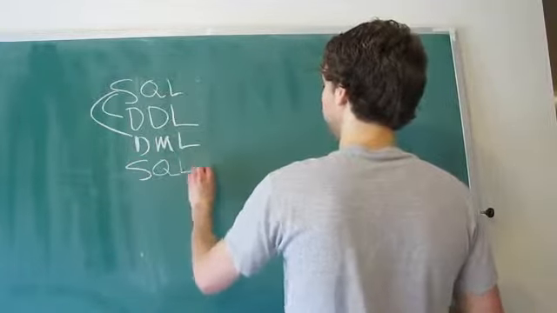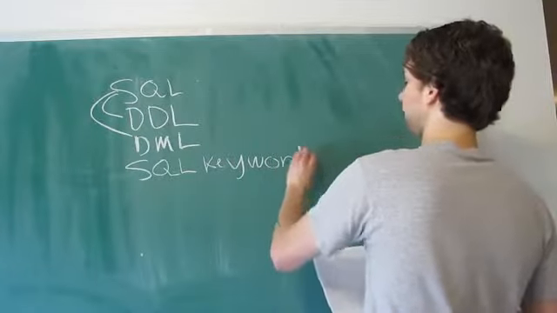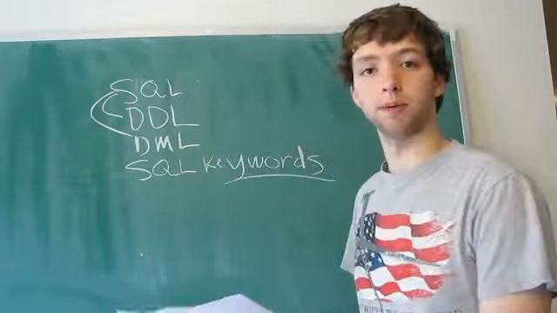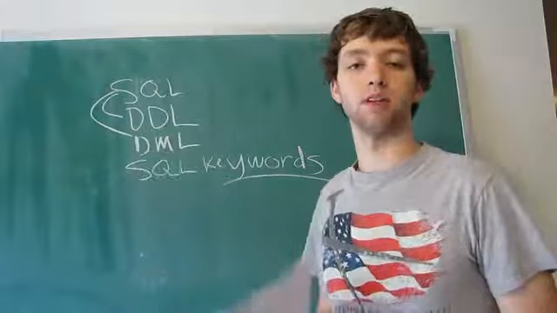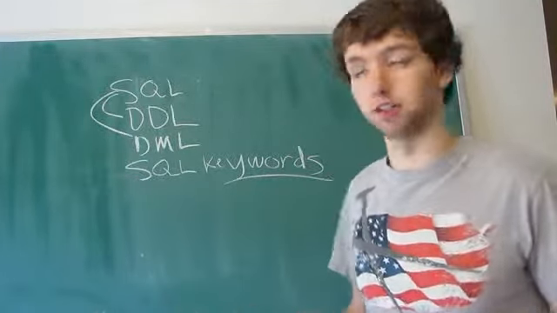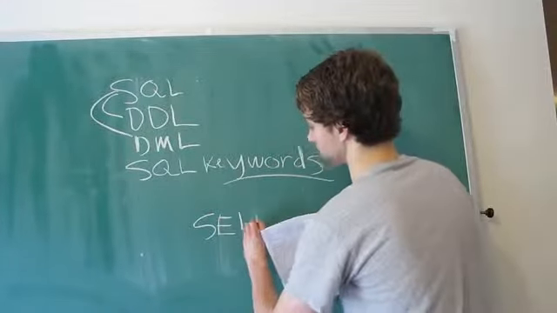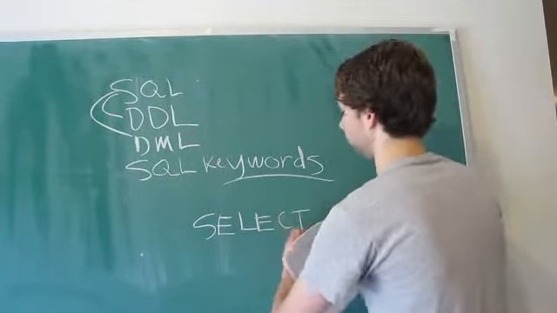The other thing was SQL keywords. I didn't really mention this, but I do want to mention it here. Anytime we have the word keywords in a programming language, it's talking about something that is reserved that you're not supposed to use for your user-defined data. So for example, SELECT in SQL.